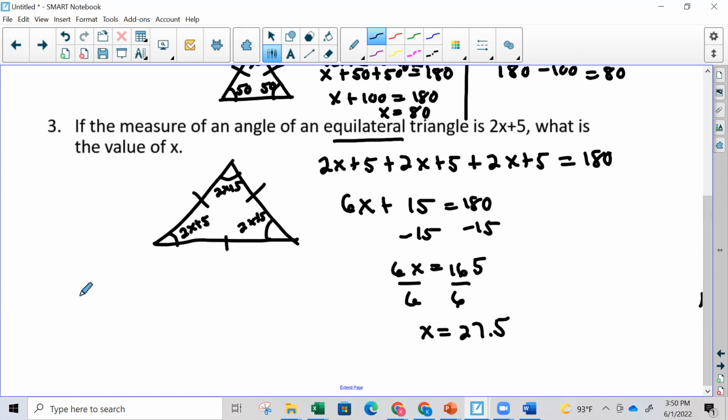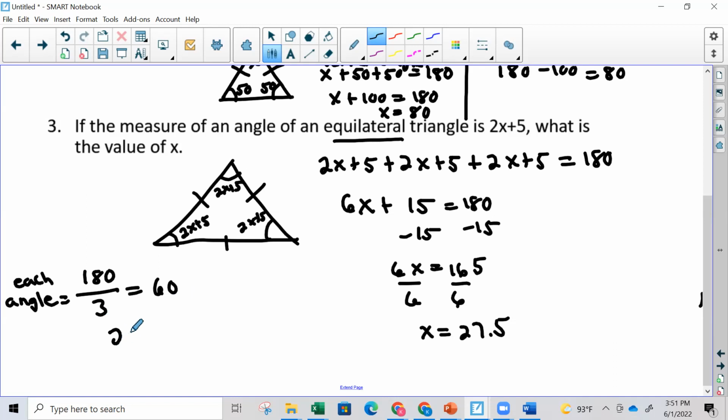So that's one way. The easier way probably is to remember that if it's an equilateral triangle, all the angles are equal. And that means that all the angles are 60, because if you take 180 and you divide it by 3, you get 60 degrees, okay? Because all three are equal, we can take 180 and divide it by 3.